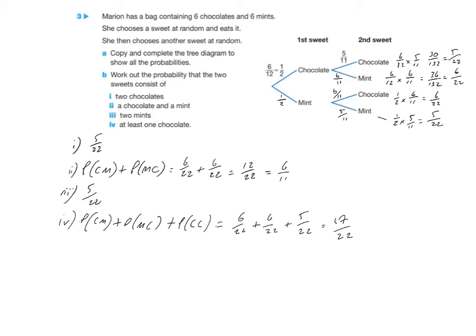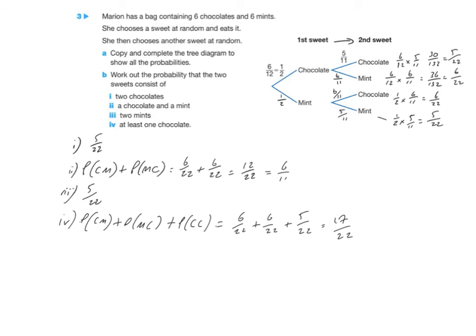So you can see that with these ones here, they are a very, very different type of probability question. They are called conditional probability. That's what this is, because one directly affects the other.